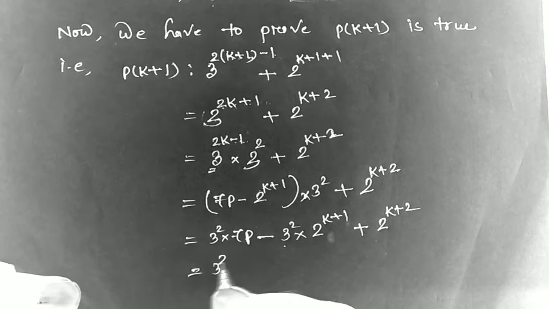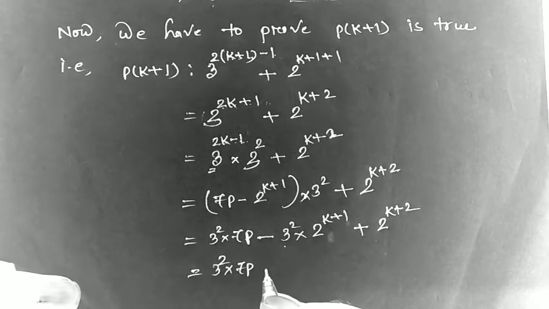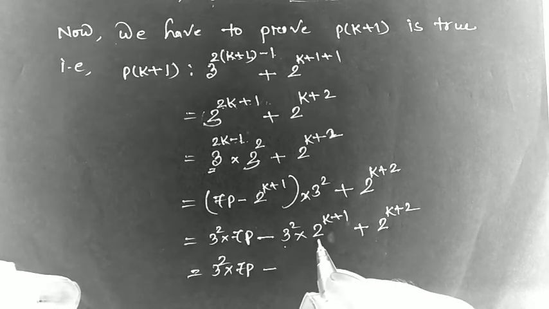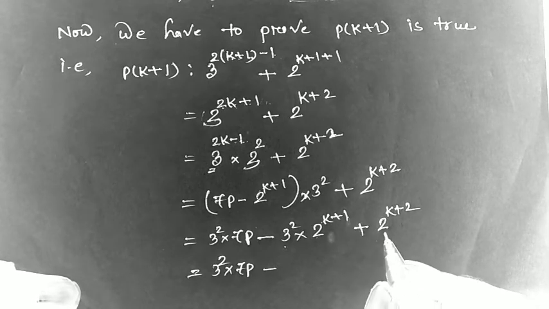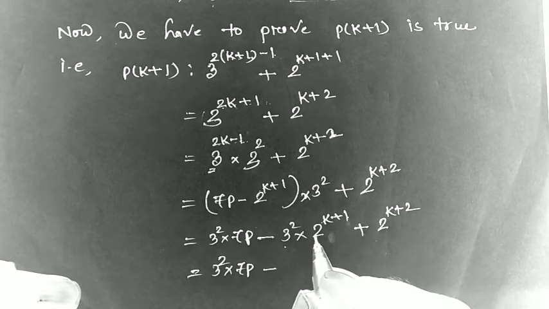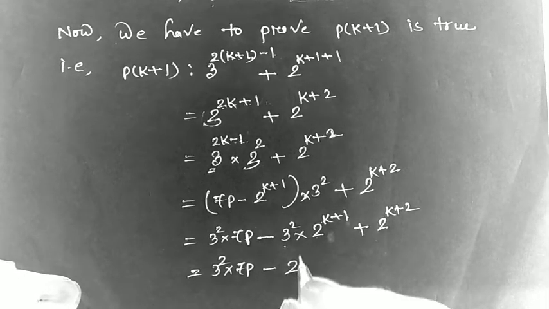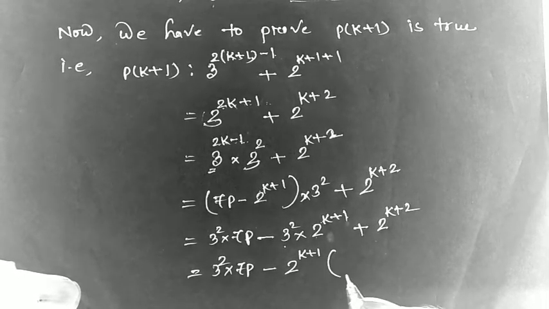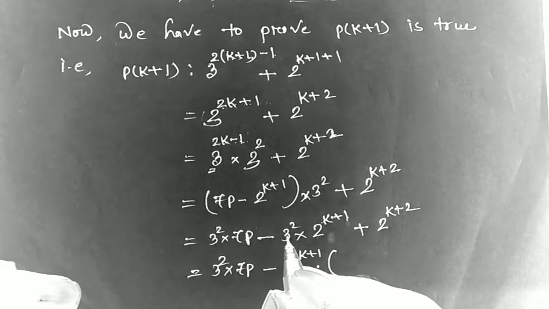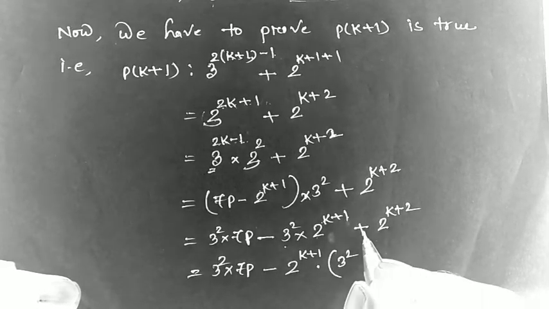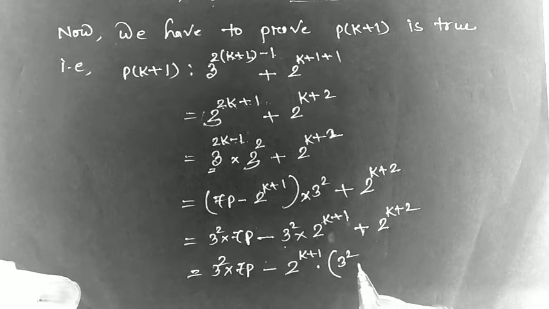So 3 square into 7p, here minus is given, here 2 to the power k plus 1, 2 to the power k plus 2, that means 2 to the power k plus 1 is common. I am writing directly this time, 2 to the power k plus 1. What remains here? Here 3 square remains, and plus, from plus minus is common, so what sign do we have to give here so that it becomes plus? Minus into minus is plus, so minus will be there.